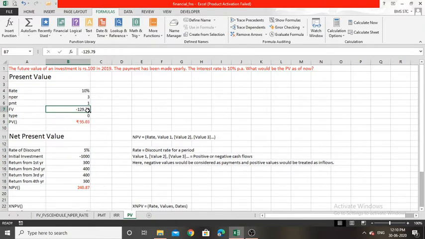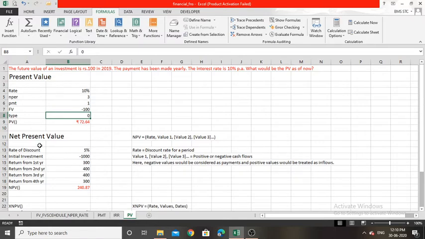Accordingly the values will change. This is how we use the PV function to find the present value if we have the future value, rate, NPR, PMT, etc.